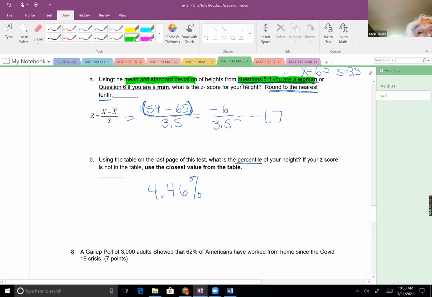And then if it was a man, you had to look at question 6. And question 6 starts saying that the mean for men is 70 and the standard deviation is 4. So all I was looking for people to do was to take the mean and standard deviation. But again, on the test, because it's a MyLabs question, you won't have to refer back; they will tell you the mean and the standard deviation.